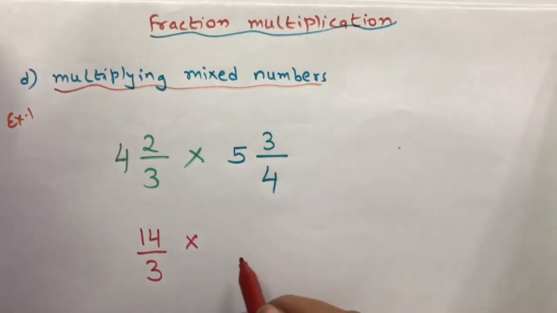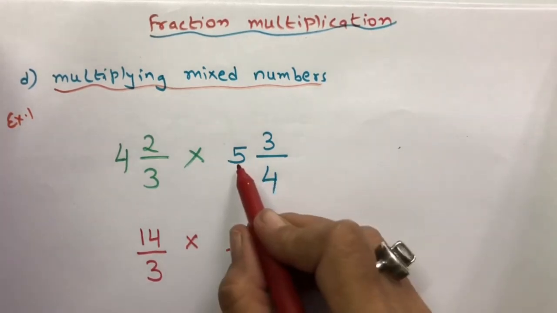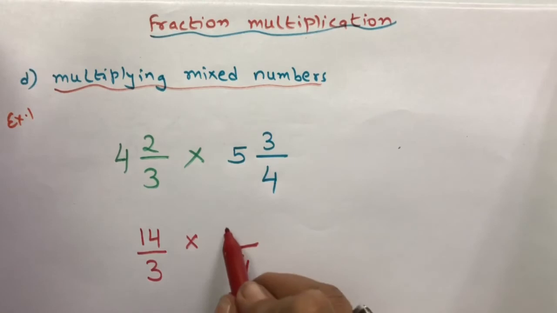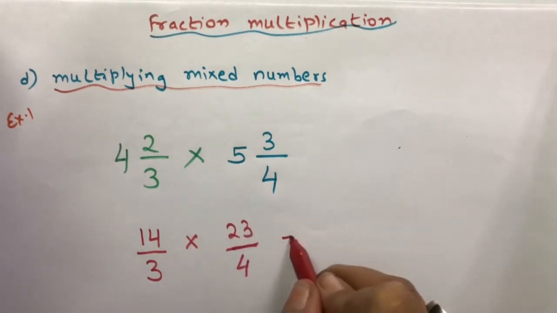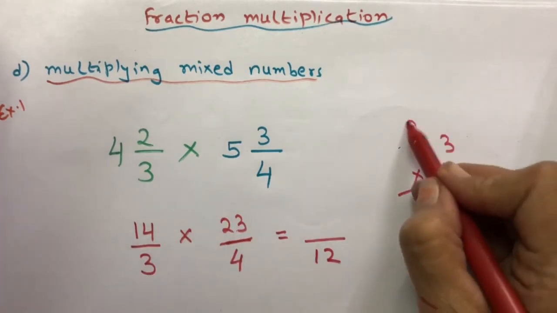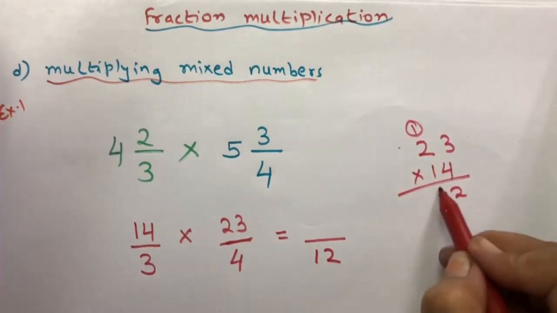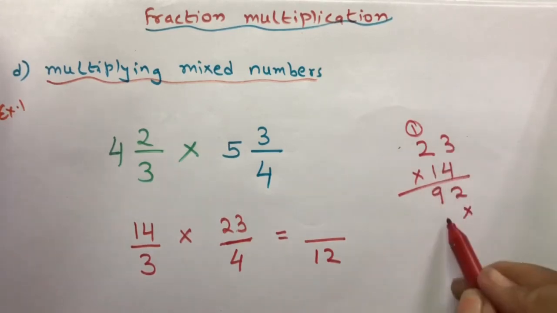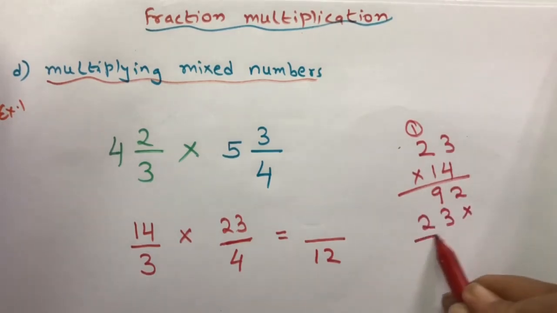First I'll change this. So I write 4. 4 fives are 20 plus 3, 23. 3 fours is 12, and now this I have to multiply. 4 threes are 12, 1 carried over. 4 twos are 8, 9. 1 three is 3, 1 two is 2.